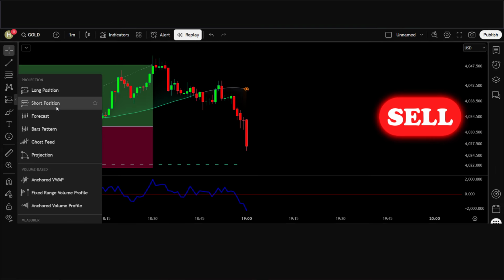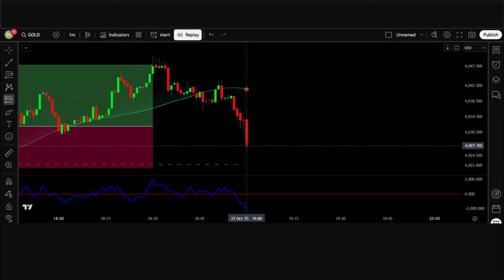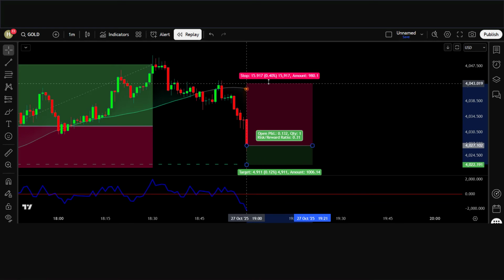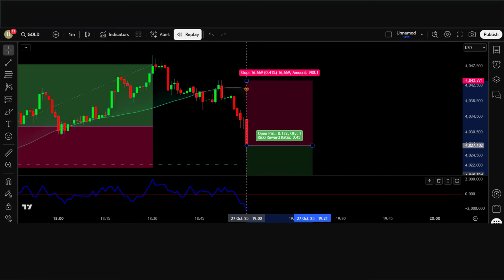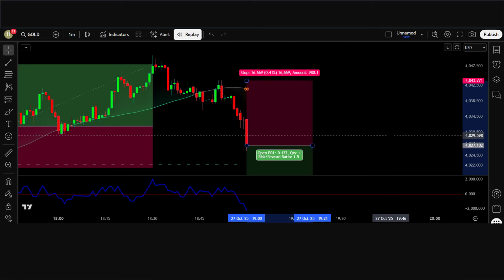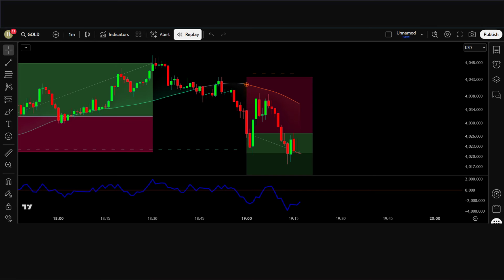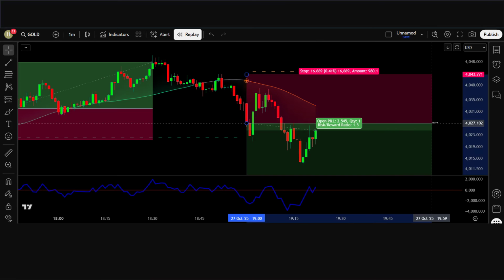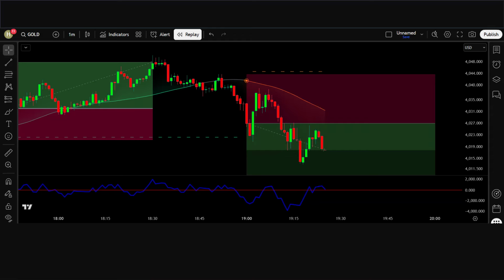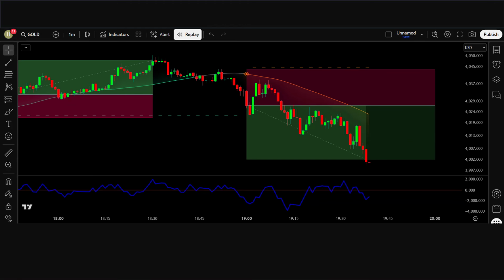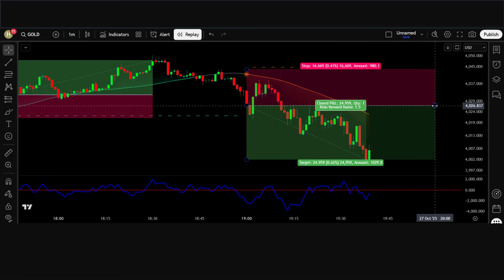If this condition is fulfilled, then we will place sell order. Place your stop loss at the current market of higher level. With a 1:1.5 risk-reward ratio. The market has completely hit the target.